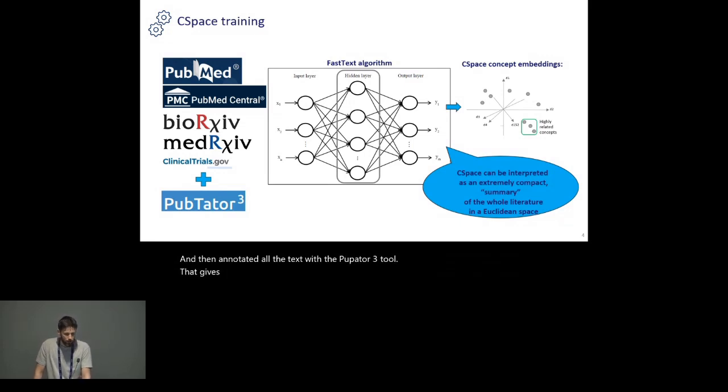That gives not only spans in the text where the entities are present, but also an ontological identifier for those entities. And we exploited both pieces of information in our training pipeline, by just putting them into the data. And once we've done that, we used the FastText algorithm, that is an improvement over Word2Vec, exploiting subword information.